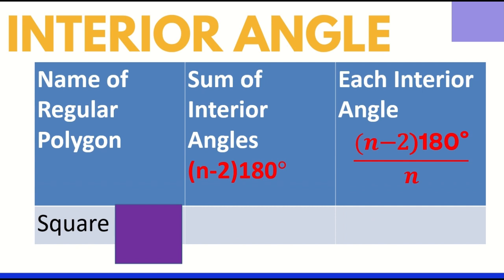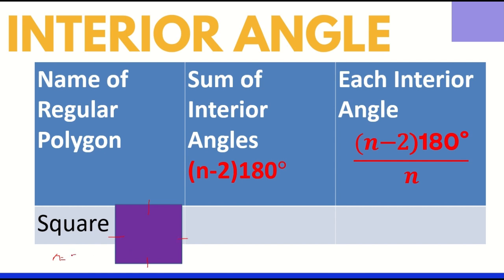Next. So, paano naman ang sum of interior angles of a square? This is a regular quadrilateral and we are referring to a square. Paano naman hanapin? Again, sum yung pinagsama-samang interior angles. So, ilan sides ba meron ang square? Kahit hindi na natin bilangin, alam mo naman na yan. Okay, 1, 2, 3, and 4.